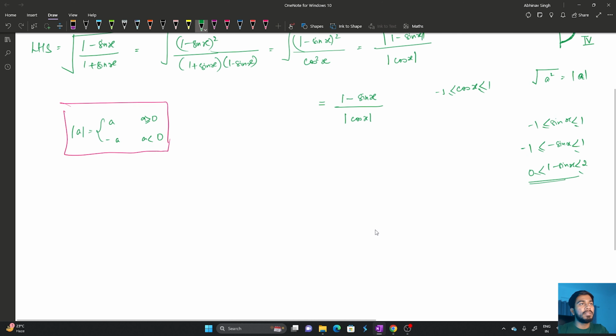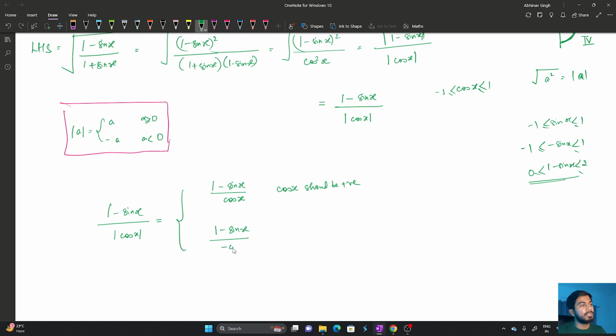So now in order to open this mod, I will use the modular equation property, that I'll divide it into two parts. (1 minus sin x) upon cos x, when I know cos x will be positive. Cos x should be positive. And (1 minus sin x) upon minus cos x, when cos x should be negative. Okay, how did I do this? Using this property.